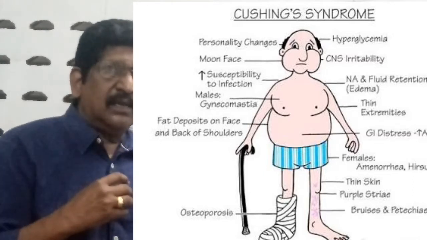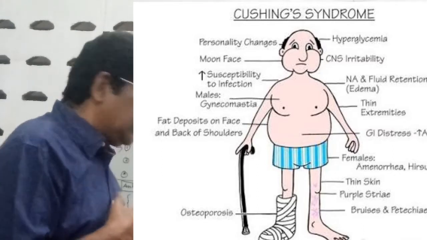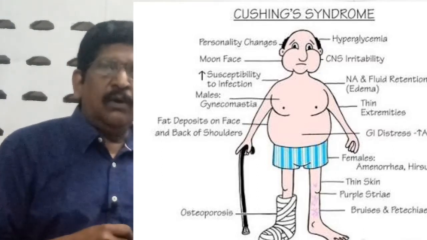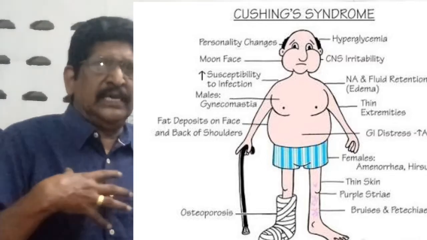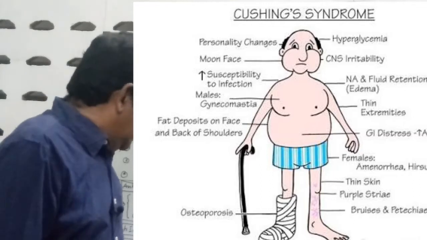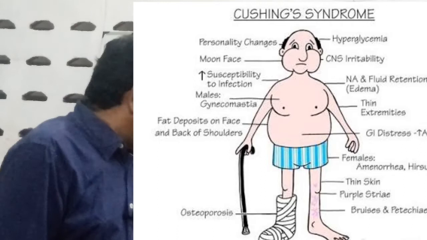And then buffalo torso, you know buffalo, so the chest portion will be larger, heavier. So these are the indications of the disease Cushing syndrome.